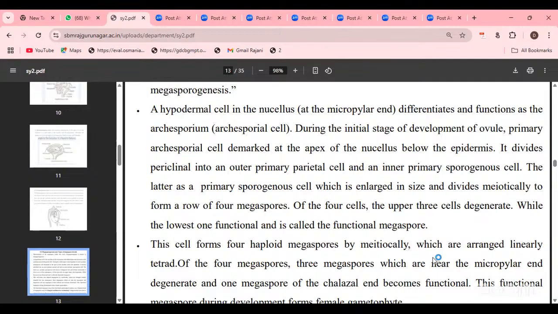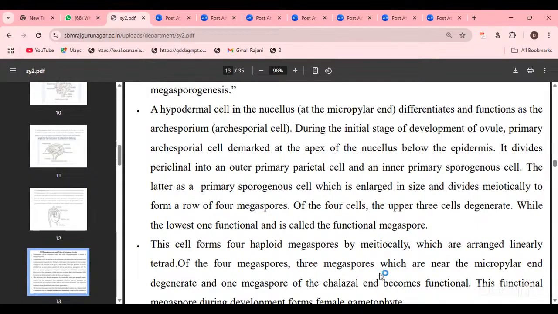The four cells form a linear tetrad of megaspores. The upper cells degenerate, while only the lower cell functions, and it is called the functional megaspore.